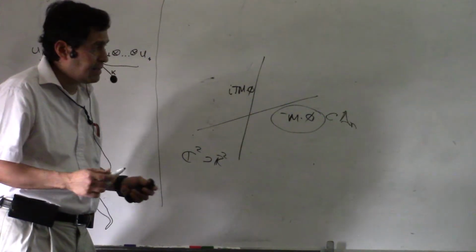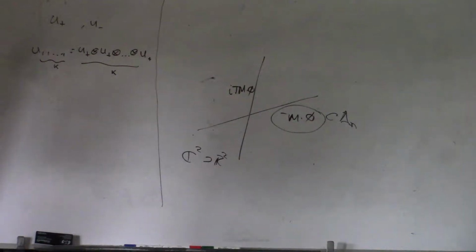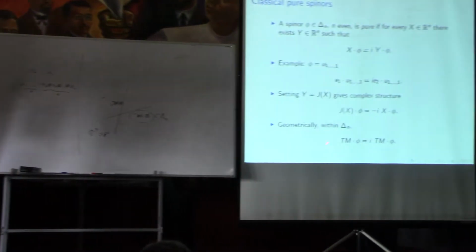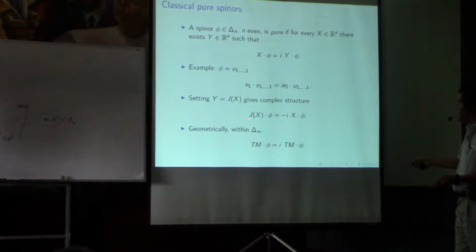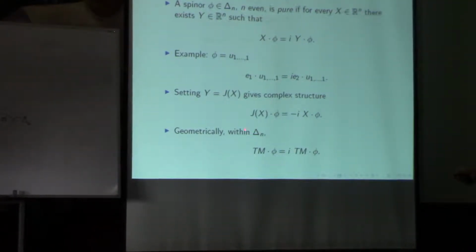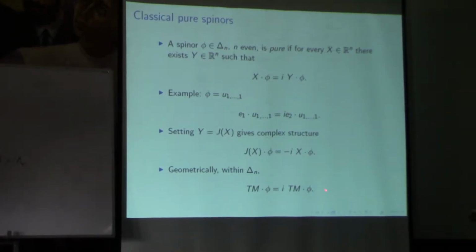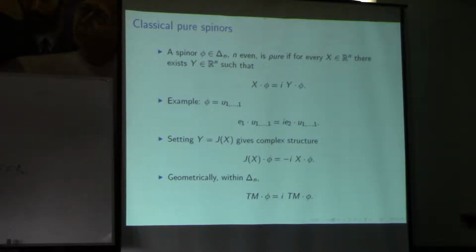The real part, right? So this is a case in which these spinors induce the meeting of these two subspaces. So this is the geometrical interpretation of this equation, which means this is complex, and that complex structure that exists here as a complex subspace is induced into Rn by means of this identification.